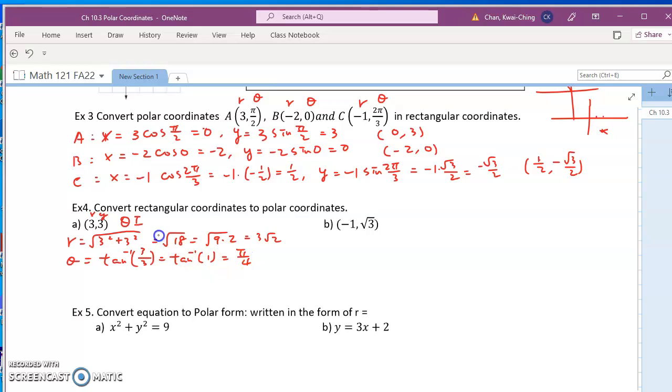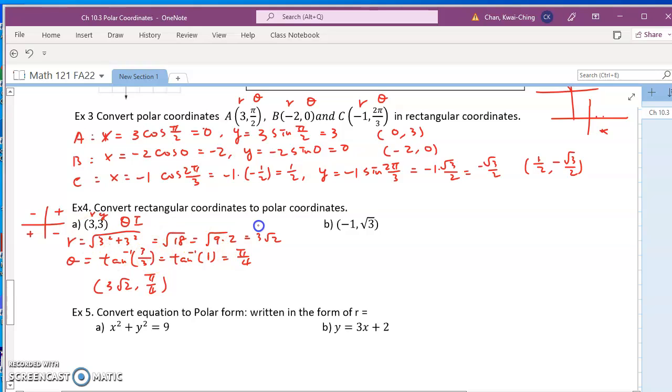So be aware of the situation where you would have a number that is in a different quadrant, because arctangent is positive in quadrant 1 and 3, and negative in quadrant 2 and 4. How do I know which one is which? Look at the original coordinate. You will know which quadrant it is. So in this case, I will label my point as 3 root 2 comma pi over 4. So this is a polar coordinate for 3, 3.